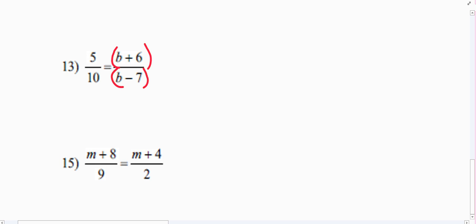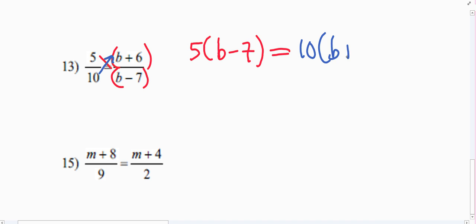So let's go ahead and cross multiply. We have 5 times b minus 7 equals, cross multiplying the 10 to the b plus 6, we get 10 times b plus 6.